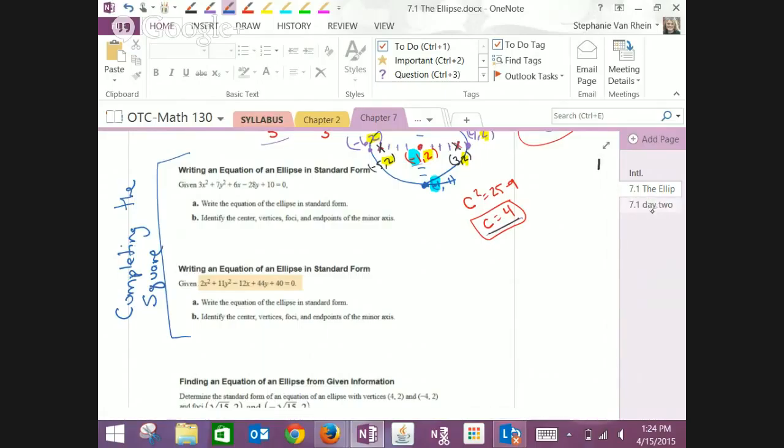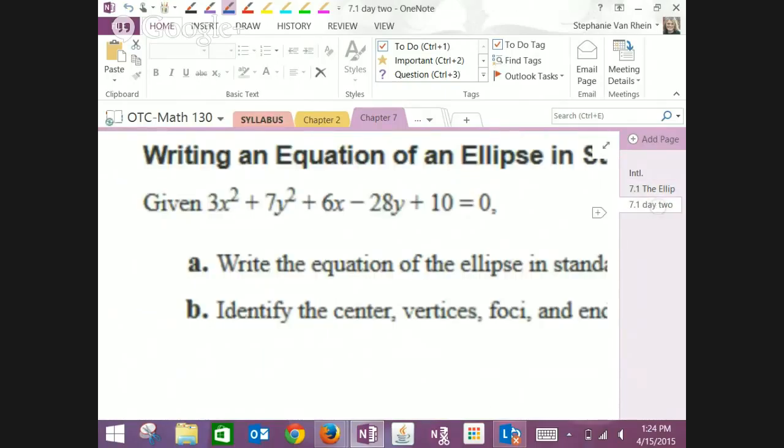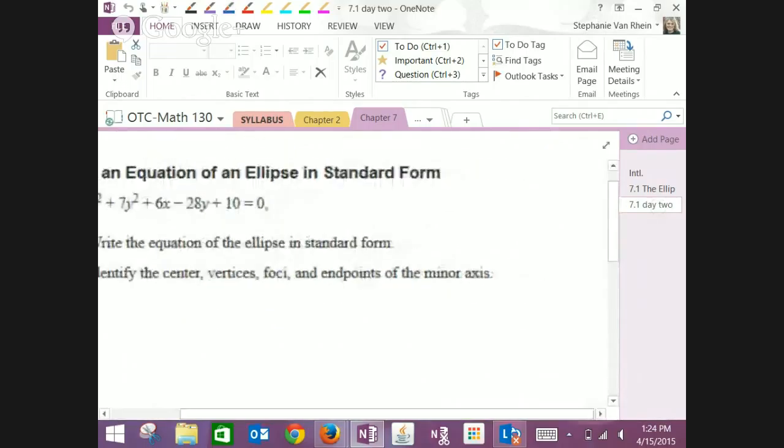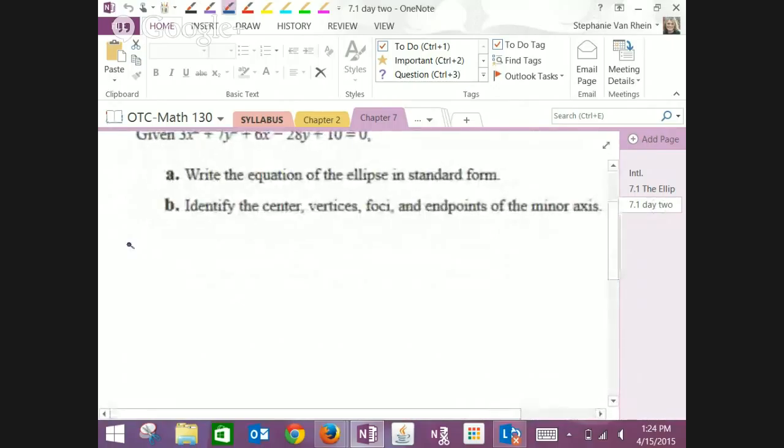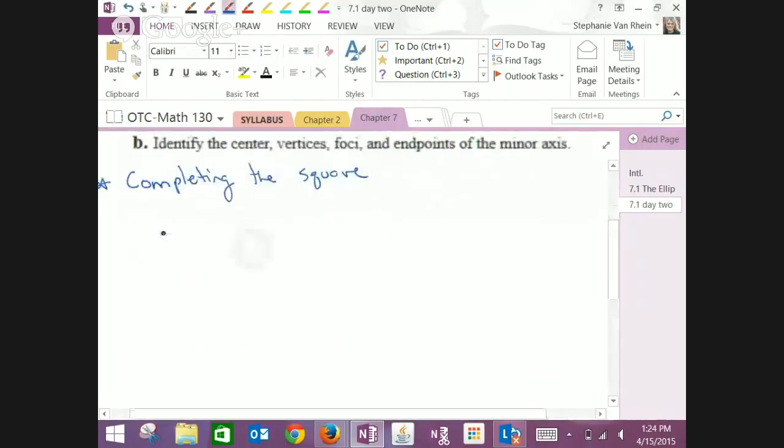I'm going to go ahead and hop over to this view so we have a little bit extra room here. So let's look at completing the square. So if you recall, x squared plus bx, do you guys remember seeing something like this?